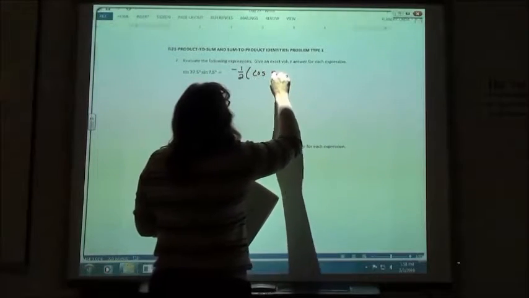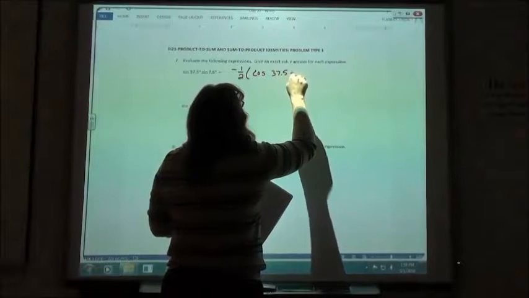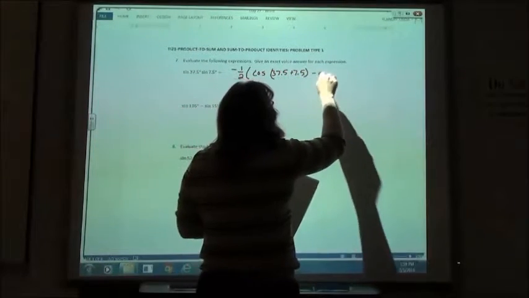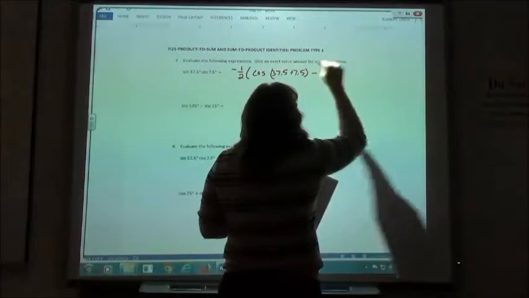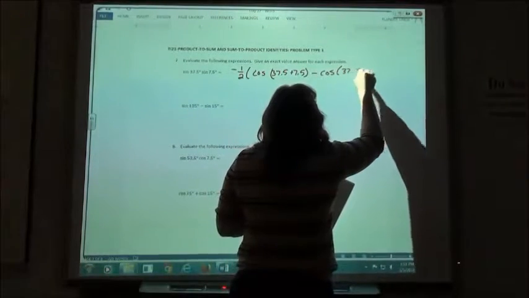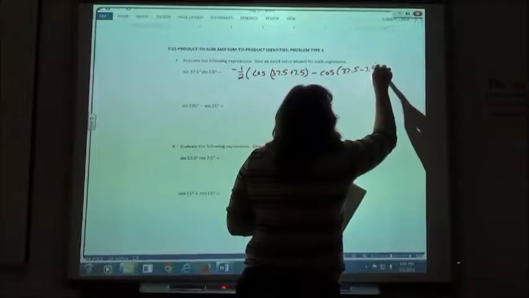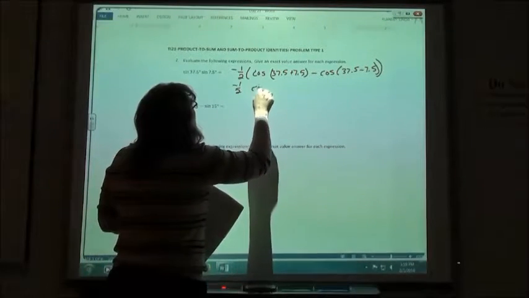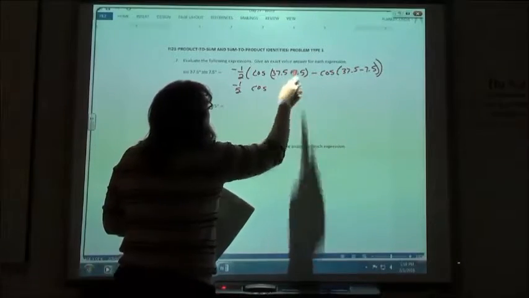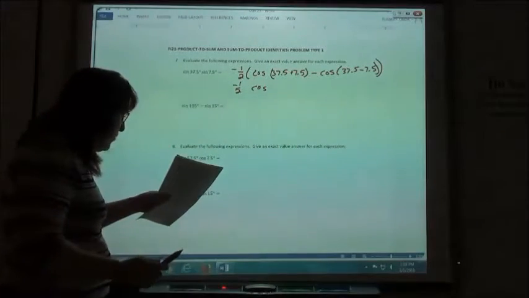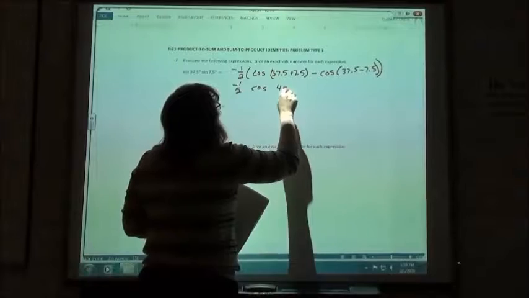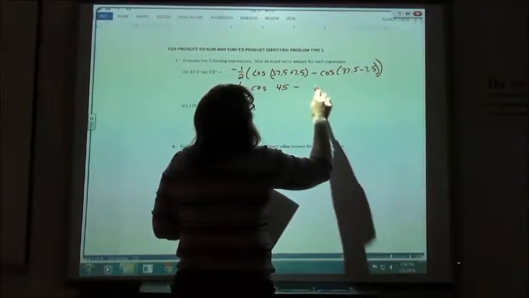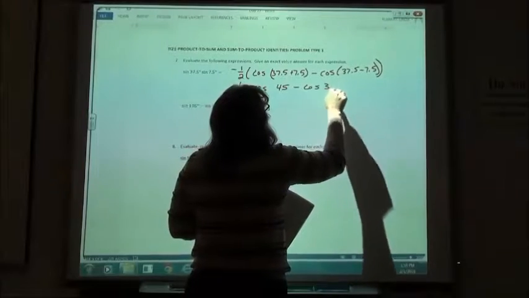So I'm going to take my 37.5 plus my 7.5, and then I'm going to have minus the cosine of a minus b, 37.5 minus 7.5. So I have negative 1/2 the cosine of, if I add 37.5 and 7.5, I get 45, minus the cosine of 37.5 minus 7.5 would be the cosine of 30.